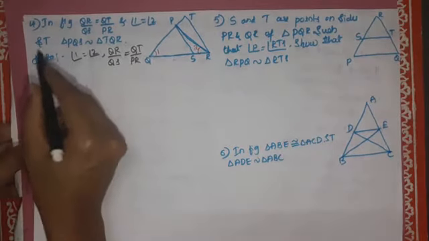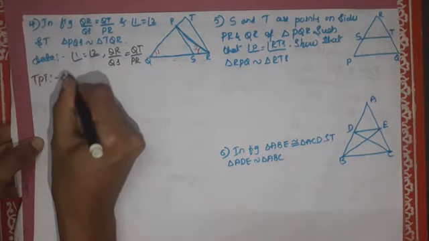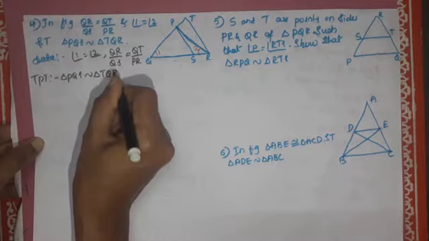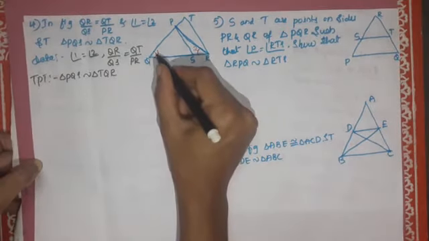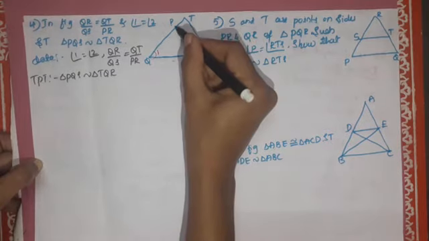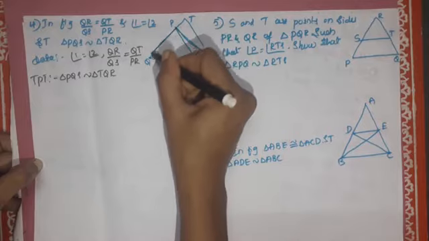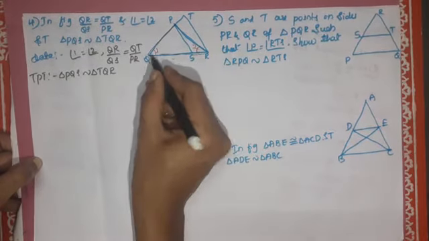We need to prove that triangle PQS is similar to triangle TQR. Here angle 1 equals angle 2 in triangle PQR, that is, Q equals R.